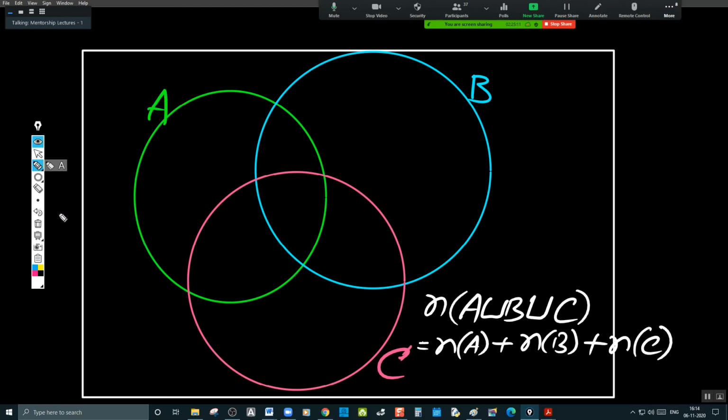I'm just showing you A intersection B. This is A intersection B. Similarly, I'll change the color and show it in the cross lines. This is A intersection C, please.